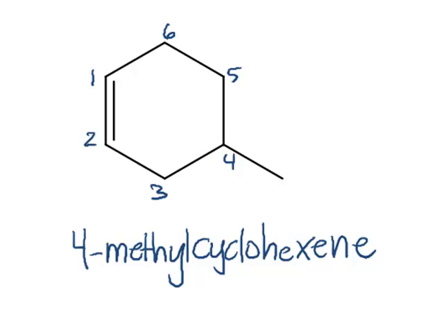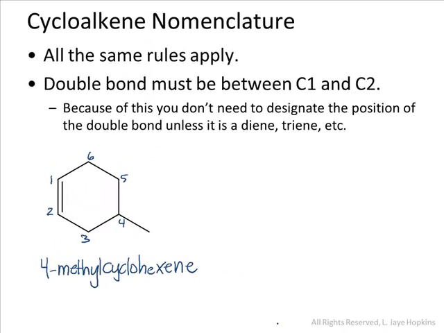I don't have to number the position of the double bond because by definition it's between the first and the second carbon. If you're dealing with a more complex molecule where you have multiple double bonds on a cyclic structure, then it's customary to number. So for instance, if I were to add another double bond to this structure, then I would want to specify both where the first double bond and where the second double bond exists. You'll see more examples of that in your practice problems.